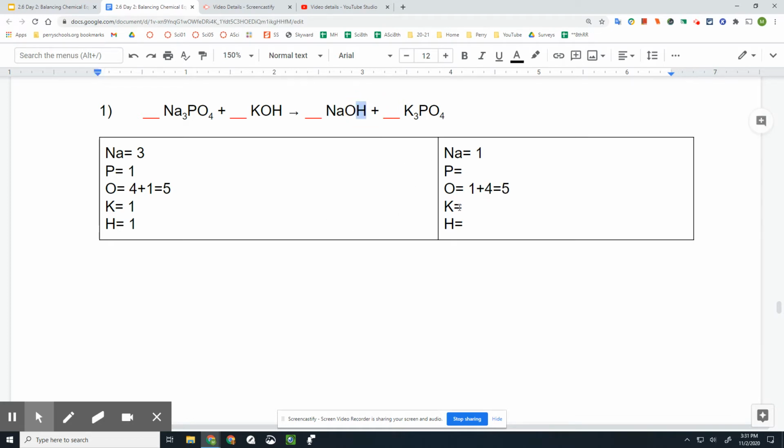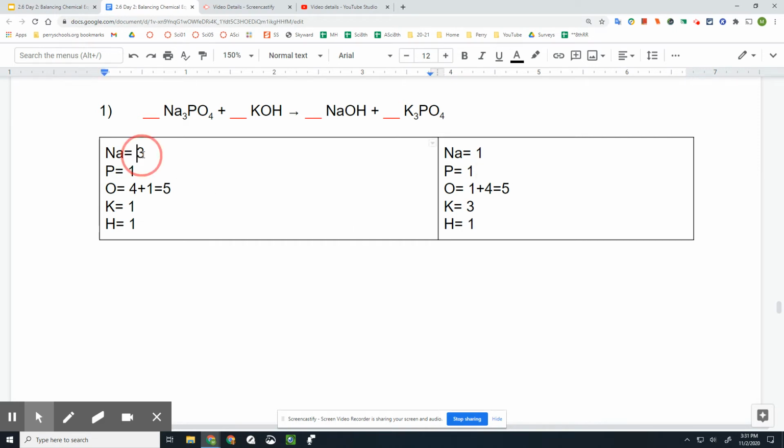We have 1 hydrogen and 3 potassium and just 1 phosphorus, 1 P. All right, so we've got 3 sodium, 1 sodium; 1 phosphorus, 1 phosphorus, that's balanced. 5 oxygen, 5 oxygen, that's balanced. 1 potassium, 1 K, and 3 potassium, 3 K. And then 1 hydrogen and 1 hydrogen.